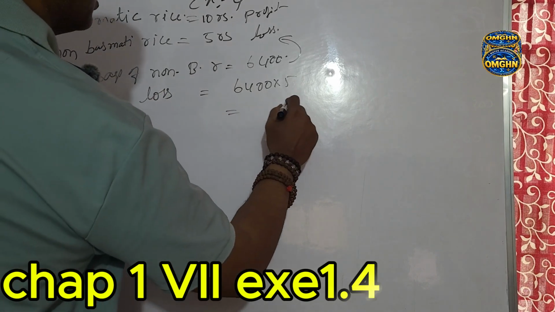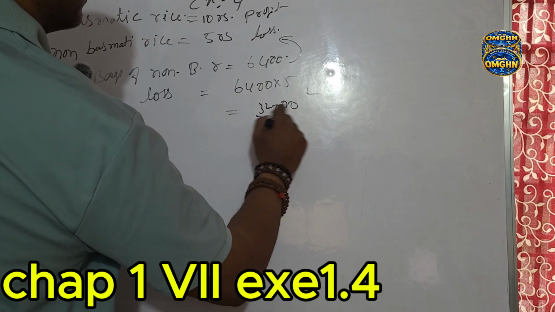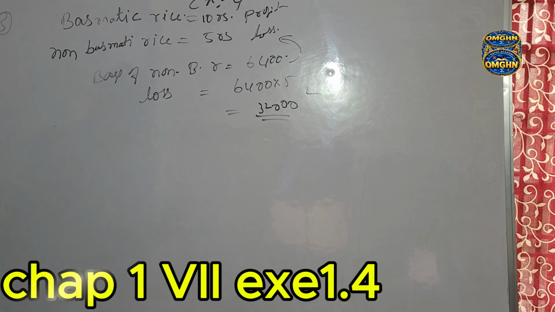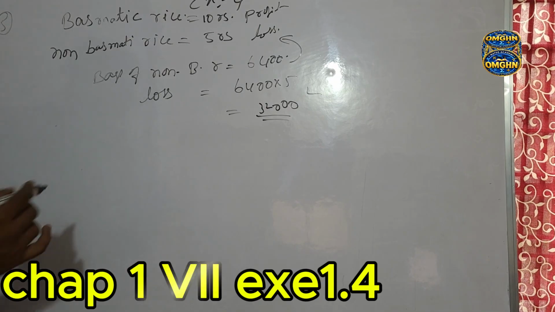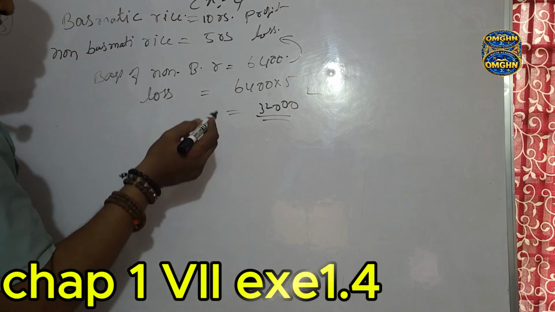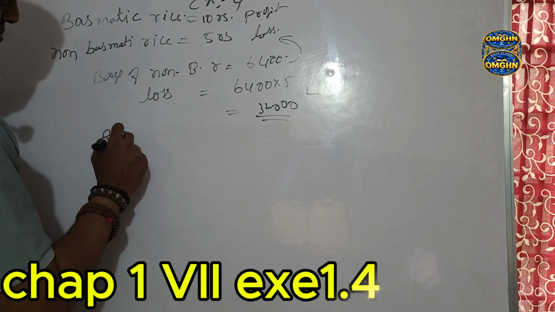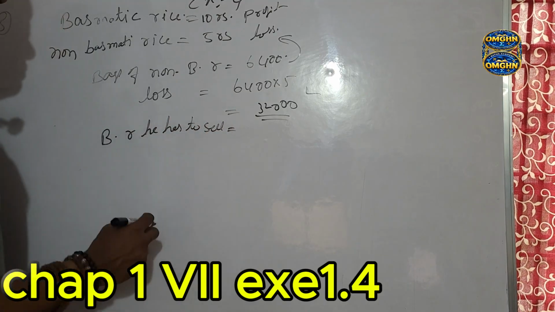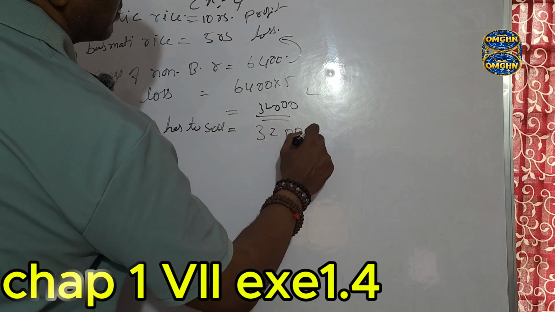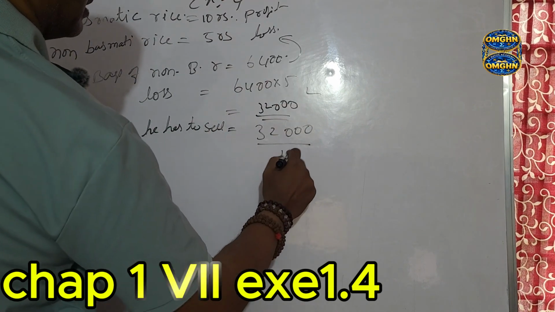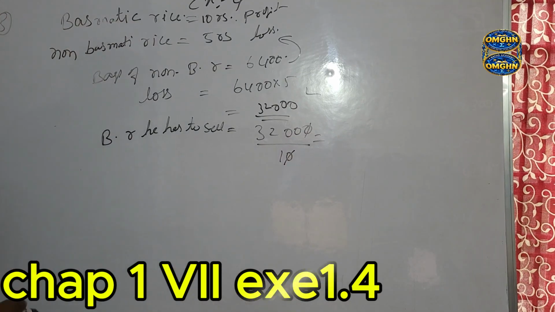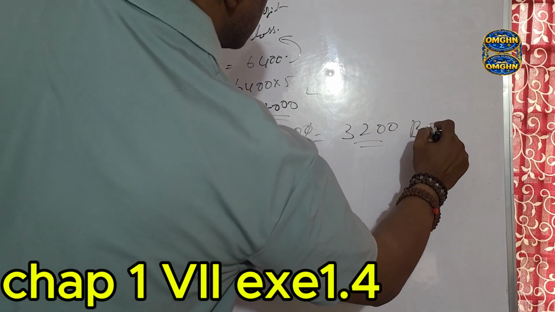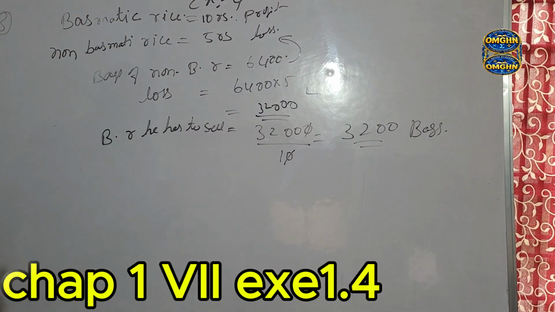That is 32,000, so he is getting a loss of 32,000. So how much basmati rice does he have to sell? For the profit to equal 32,000, we divide by 10. How much are we getting? 3200. This many bags of basmati rice he has to sell.